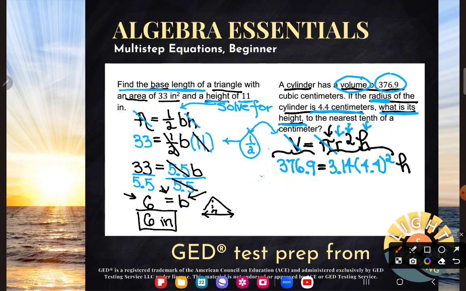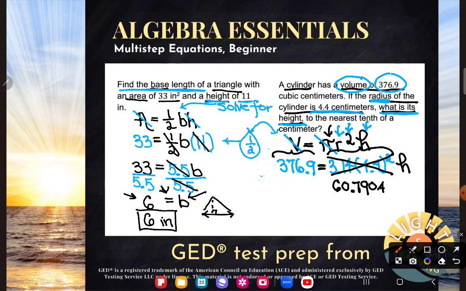And I'm just going to type it all in my calculator. I'm going to type 3.14, open up parentheses, 4.4, close parentheses, squared equals something kind of long, actually, 60.7904. And that's that entire piece.